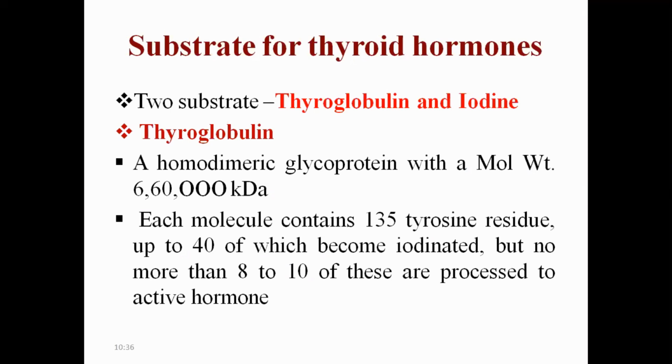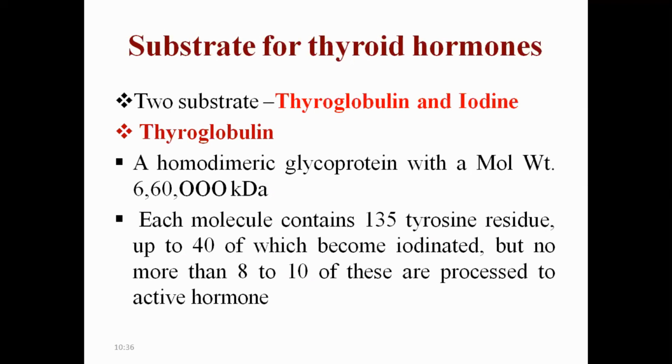On average 135 tyrosine residues, and among these up to 40 become iodinated, but no more than 8 to 10 of these iodinated tyrosines proceed to the active hormone.